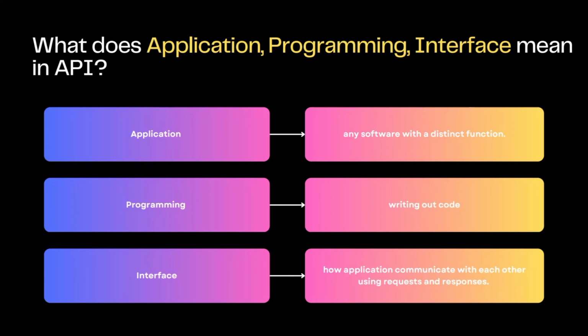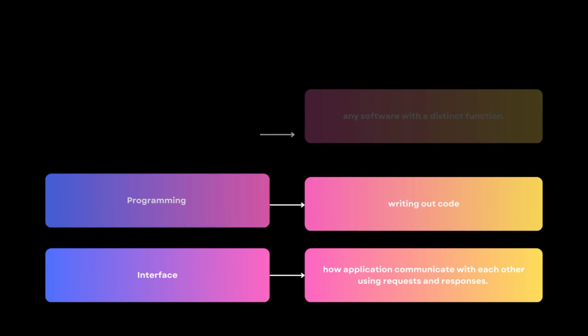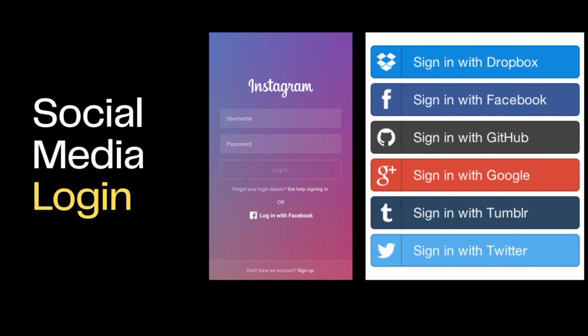Developers use programming languages such as Java, Python, or JavaScript to write code that interacts with an API by making requests, sending data, and receiving responses. And finally, what does interface mean? Interface refers to a set of rules and protocols that defines how software components communicate with each other using requests and responses.